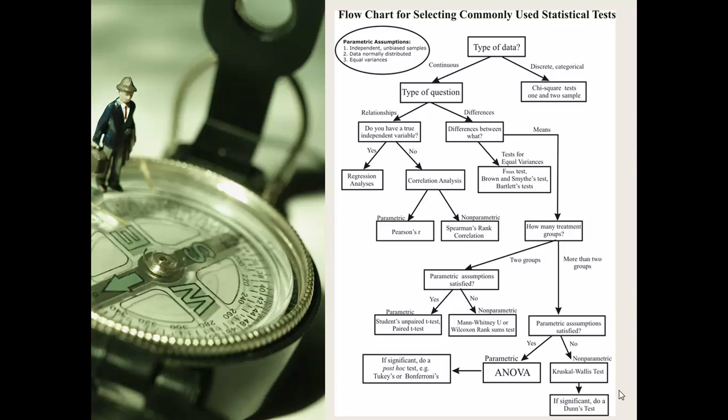No problem. Most basic statistical books, including the one that you have, include decision trees like this one to help the practitioner determine the best statistic needed for the research question posed. So don't worry, you'll all learn how to do this by the end of the semester.